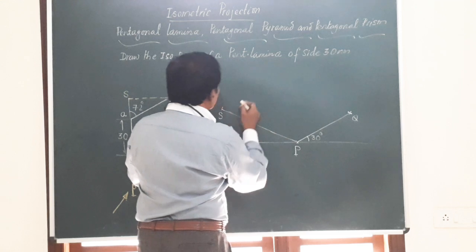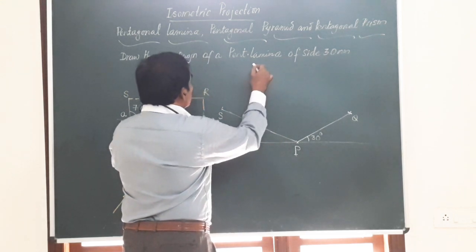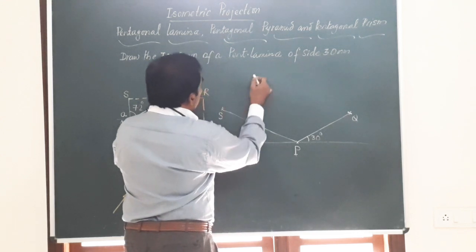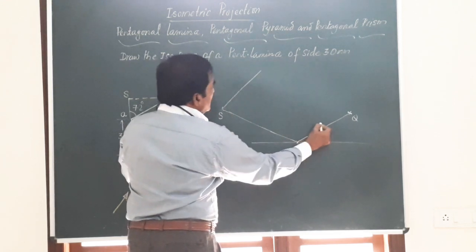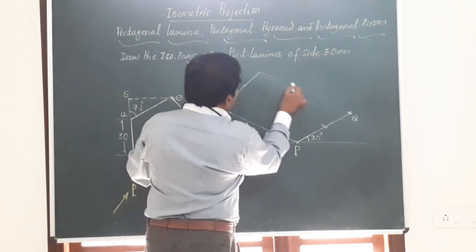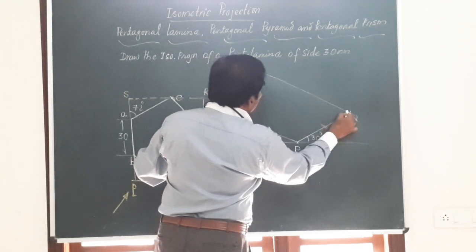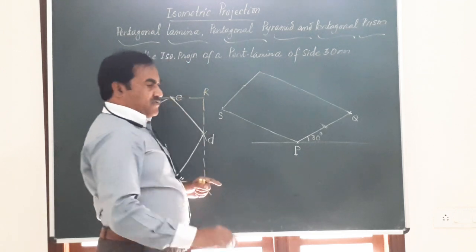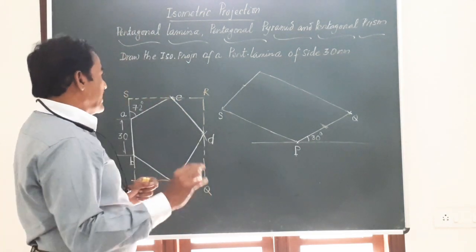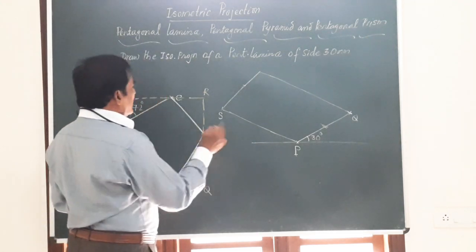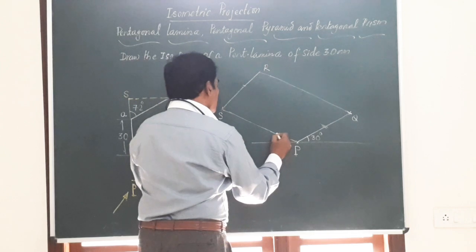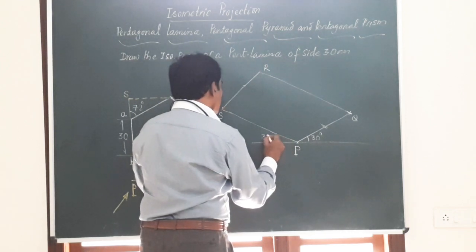Then after getting these two, friends, you can draw two lines, one line parallel to this, that is this line is parallel to this, and finally join this. So this is the procedure we follow for all problems apart from square and rectangular prisms. After getting PQ, this end is going to be R. This is also at an angle of 30 degrees.